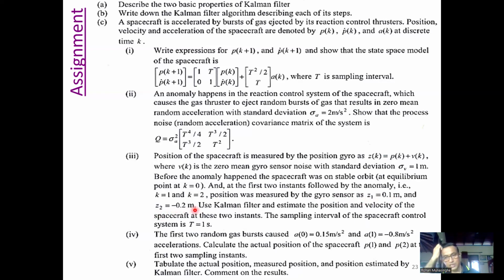You can see the randomness here. The first time step, the measurement from the sensor is 0.1 meter. And the next moment it says 0.2 meters, in the negative direction. Now you are asked to use a Kalman filter and estimate the position and velocity of the spacecraft at these two instants, k equals 1 and k equals 2.